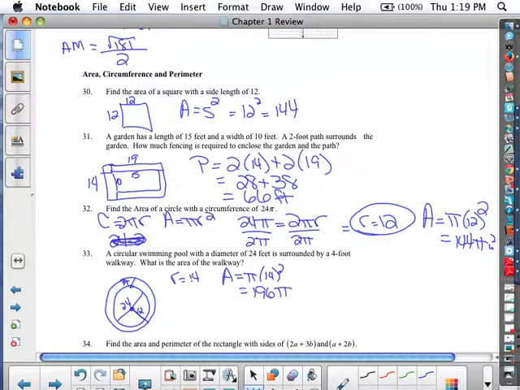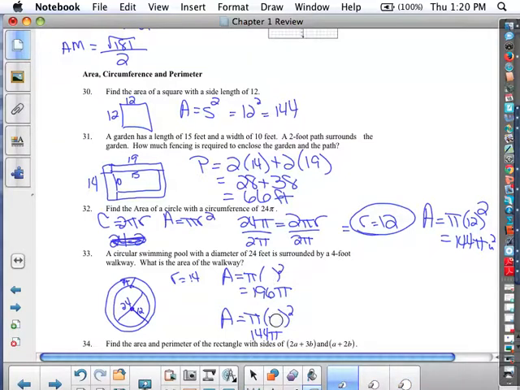Then we're going to find the area of the smaller circle, which is the swimming pool, and that's pi times 12 squared, which is 144 pi. And to find the area of the walkway, we will just subtract that 196. Oh no, that was plus 4. I am so sorry. I'm almost finished.